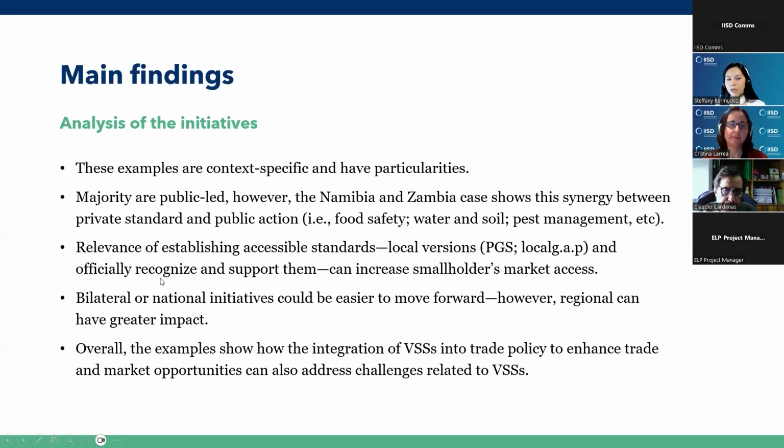These examples also show the relevance of establishing accessible standards and local versions, but not only establishing them, but officially recognizing them and supporting them, as this can increase smallholder market access while promoting more sustainable practices. So overall, these examples show that these countries are trying to address major barriers to integrate the standards in trade policy.